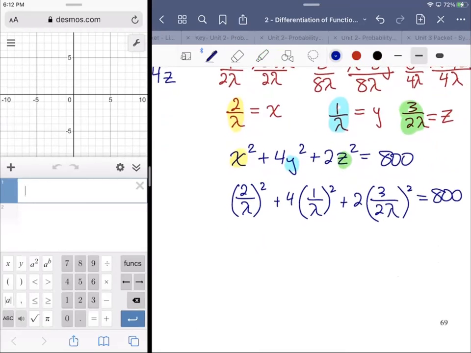Simplify. 4 over lambda squared, plus this one's also going to be 4 over lambda squared, plus we're going to get 9 times 2, so 18 over 4 lambda squared, but then that's going to be 9 over 2 lambda squared, is equal to 800.